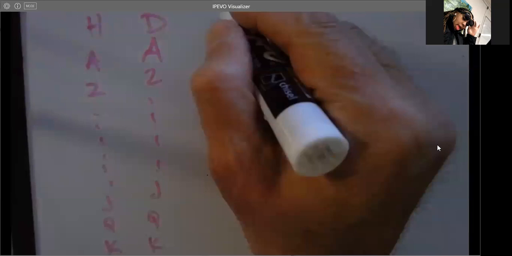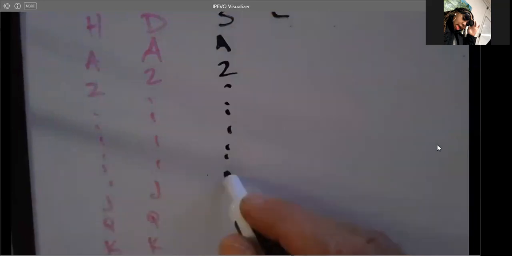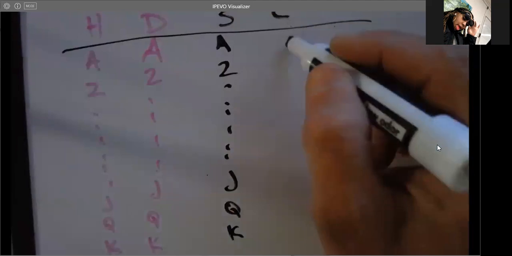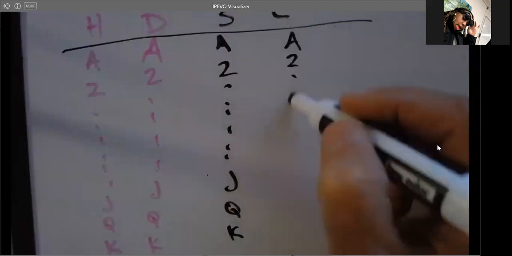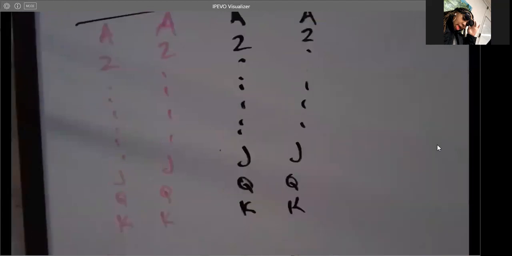And we also have spades and clubs. You've got ace of spades and 2 of spades and so on. Jack of spades, queen, king of spades. And clubs, same thing. Ace, 2, jack, queen, king. Each suit has 13.